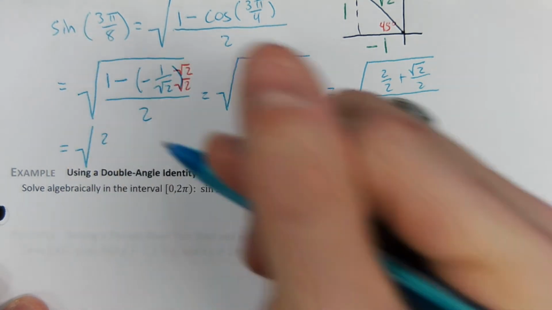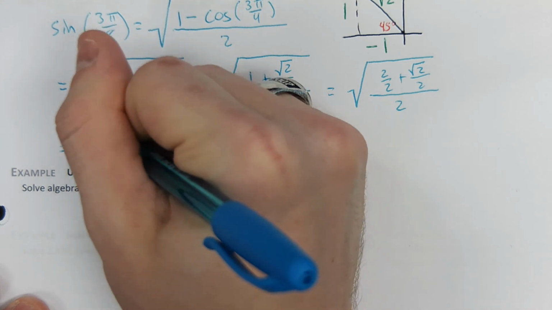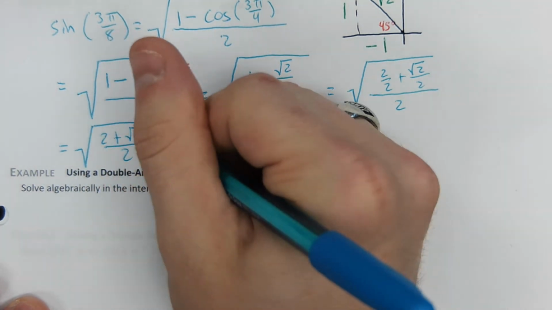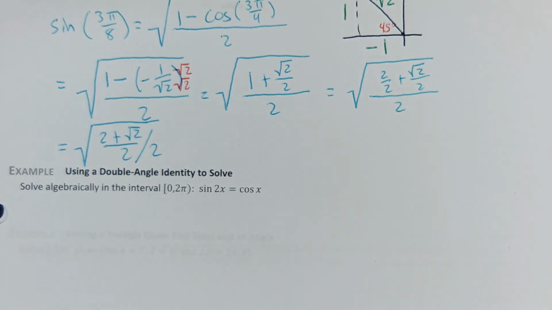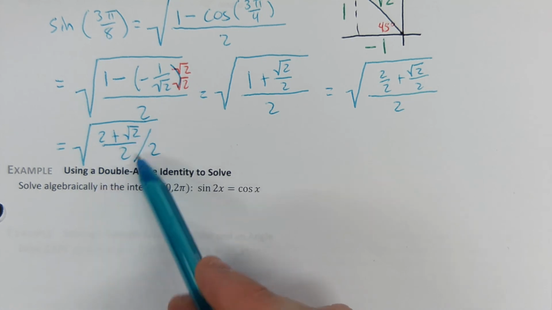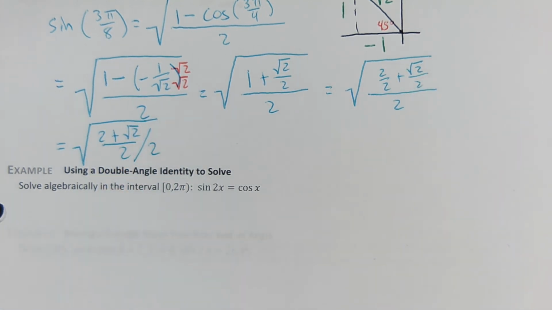So here I have a 2 plus root 2 over 2. Crap, I missed a over 2. Whoopsie. I'm sorry, guys. There's too many over 2's. This was supposed to be my numerator. You guys know that dividing by 2 is the same thing as multiplying by 1/2, right?